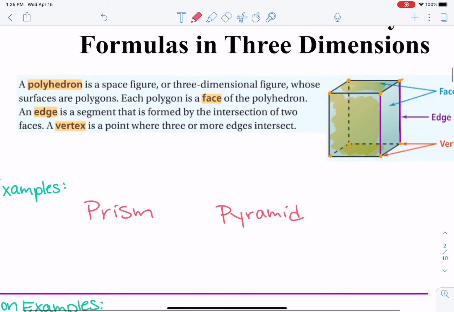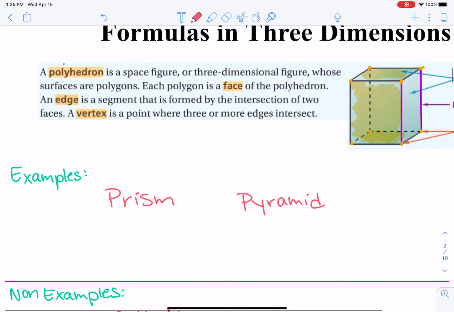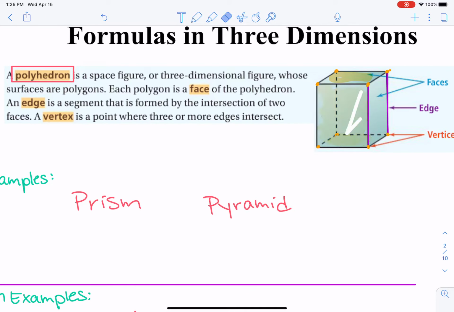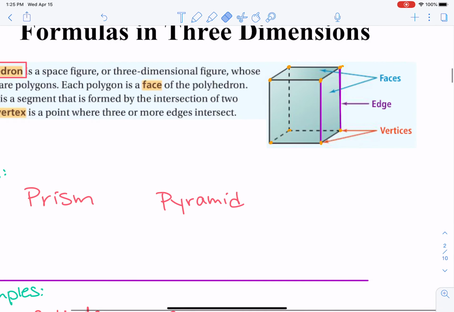So we are going to talk also about a polyhedron. This is a fancy word for a figure in space, or a 3D figure, and each face is a polygon. So kind of labeling wise, the vertices or the vertex are all the little points.